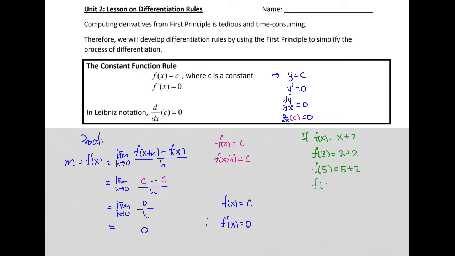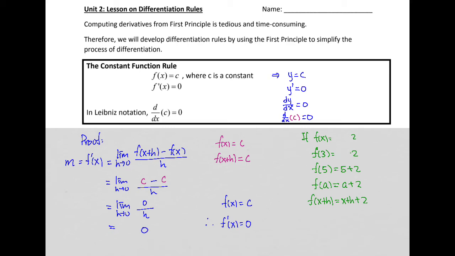So f at a, you will say a plus 2. Then f(x plus h), you will say that's x plus h plus 2. But right now, in our f(x) function, there's only a constant c. That means there's only a 2. So if there's no x here, then f(x) equals 2.